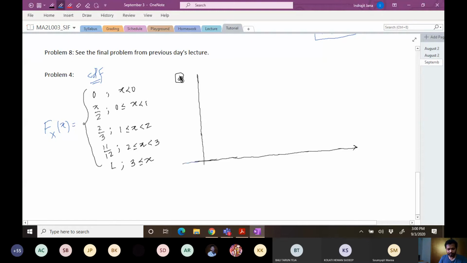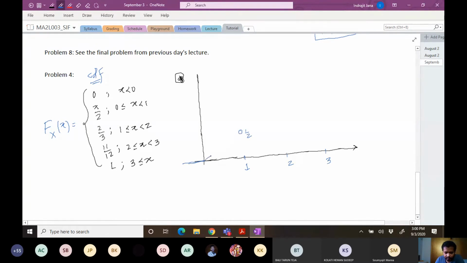So when less than 0, it is 0. And from 0 to 1, so let me mark those points: 1, 2, 3. From 0 to 1, it is x over 2, which means at 1 it becomes 1/2. So let's mark this point 1/2.